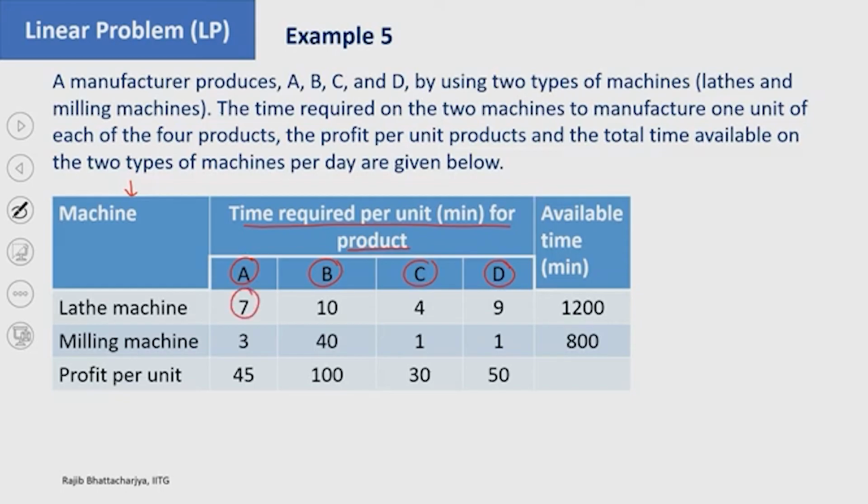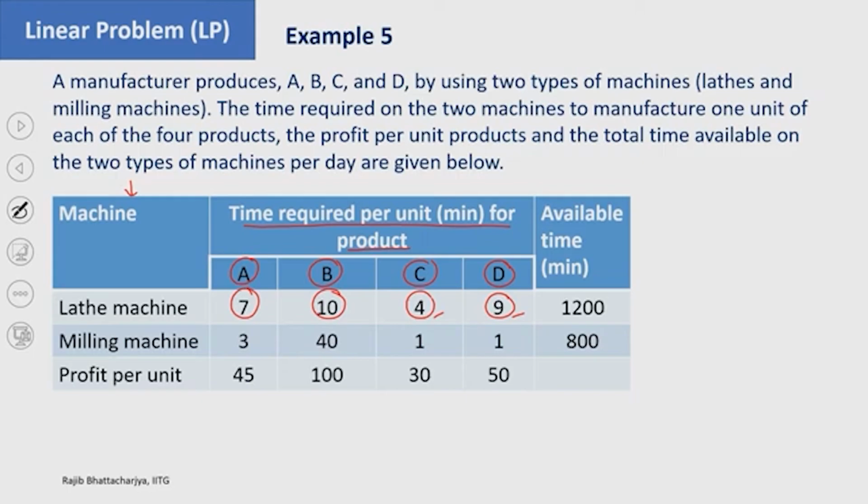That means one unit of product A will take around 7 minutes on the lathe machine, and product B will take 10 minutes, then product C 4 minutes, and product D 9 minutes. So, if you are producing A, B, C, D on the lathe machine, then 7 minutes will be taken by product A, then 10 minutes by product B, then 4 by product C, and 9 minutes by product D.